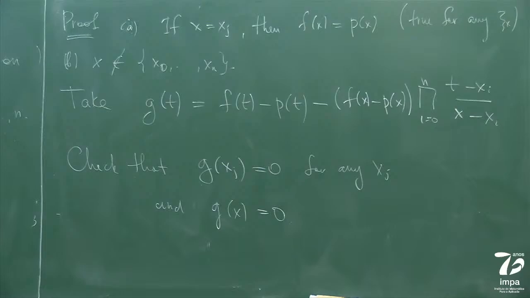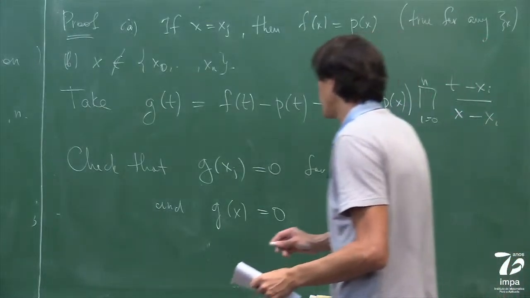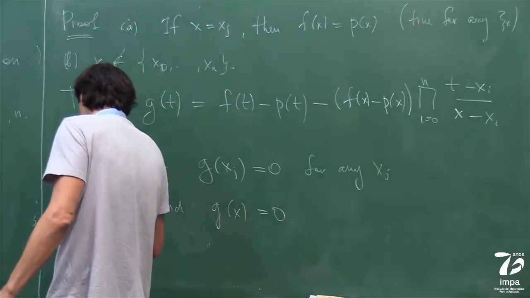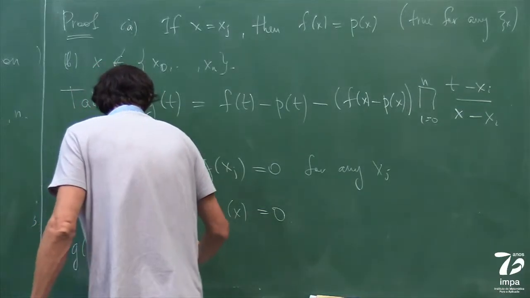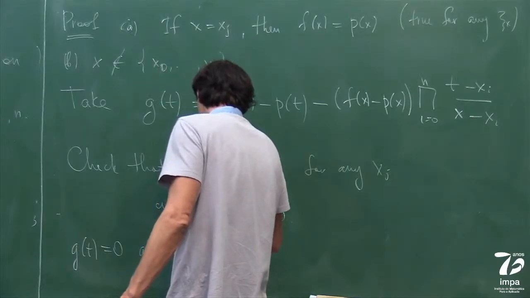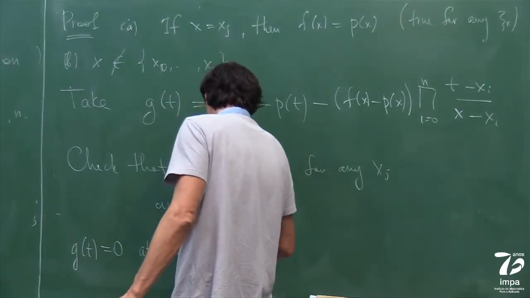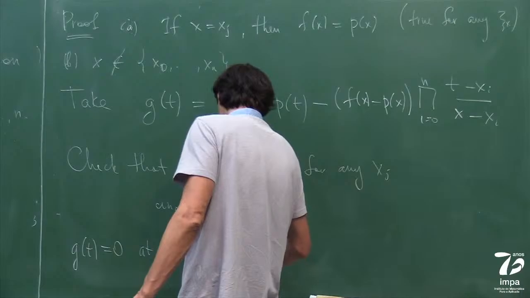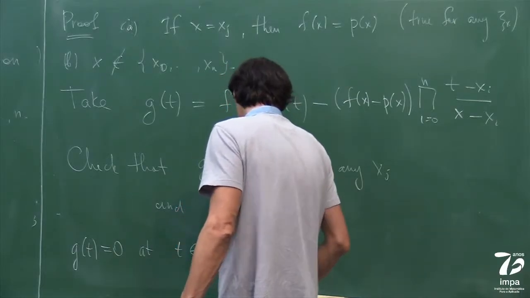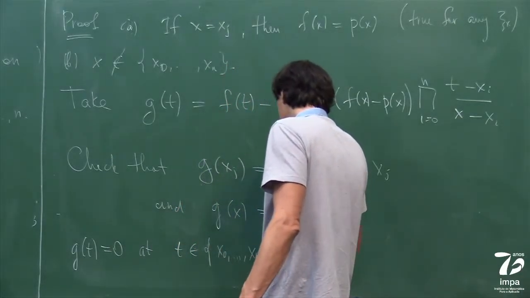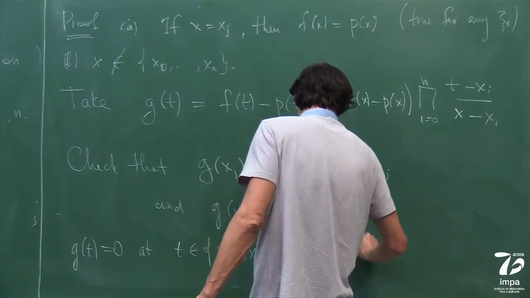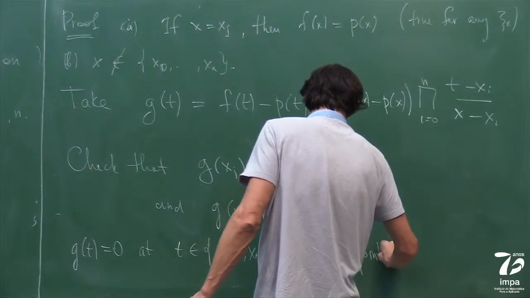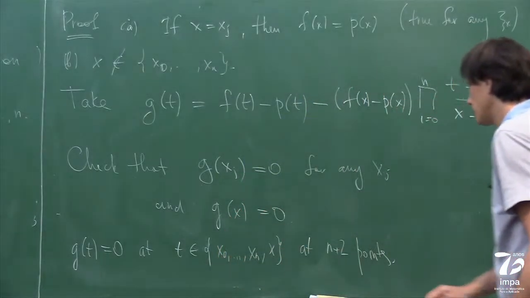So essentially, g of t is 0 at all points which correspond to the original n plus 1 points and the point x. So it means at n plus 2 points.